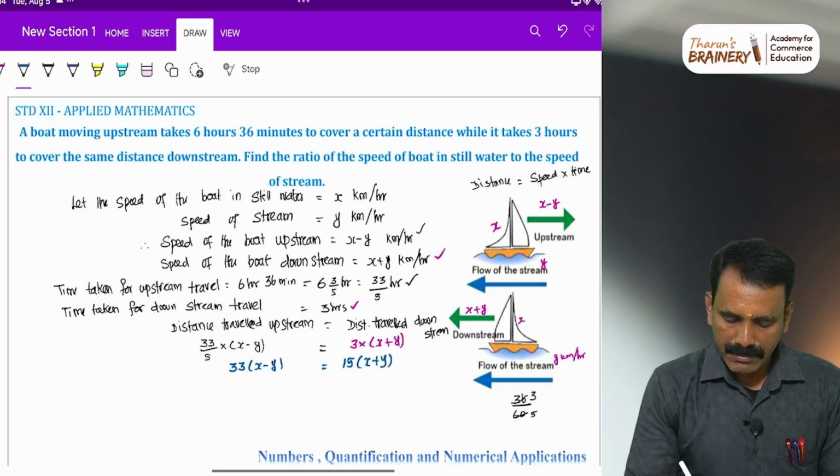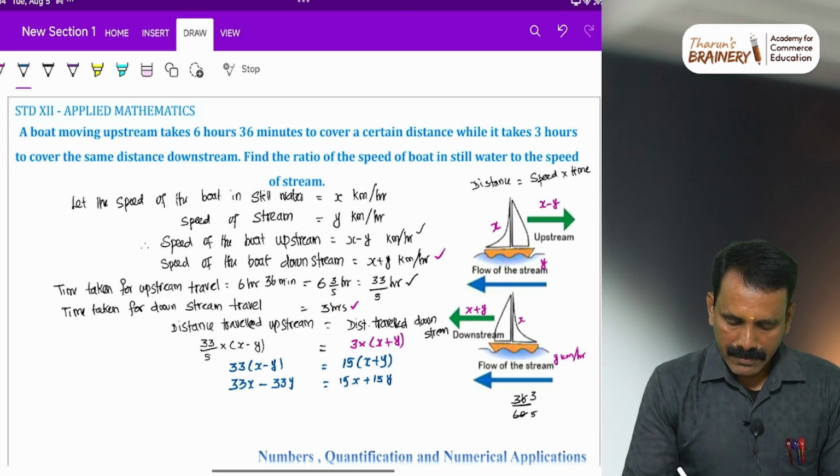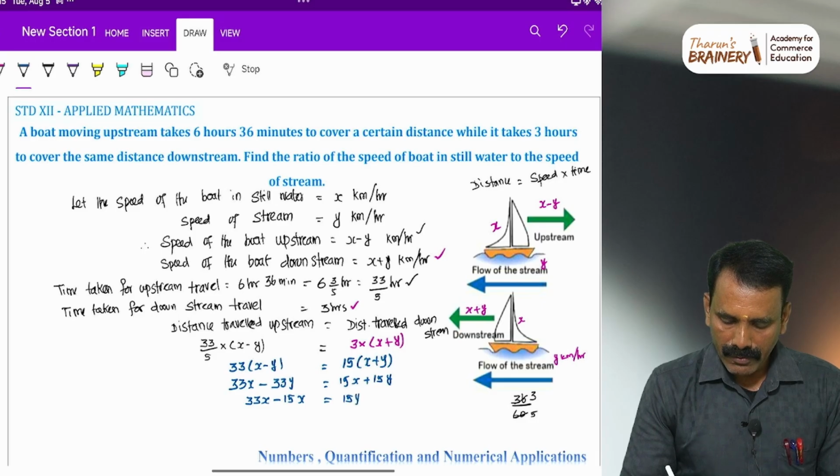We multiply and simplify, we get 33x minus 33y is equal to 15x plus 15y. We bring all the like terms together, that is 33x minus 15x is equal to 15y plus 33y.